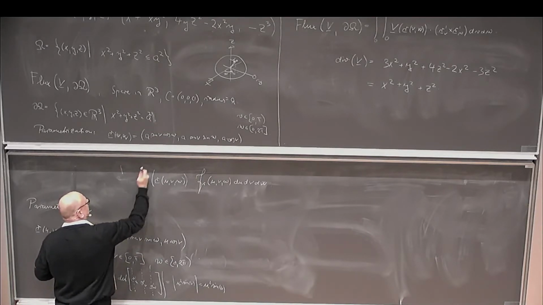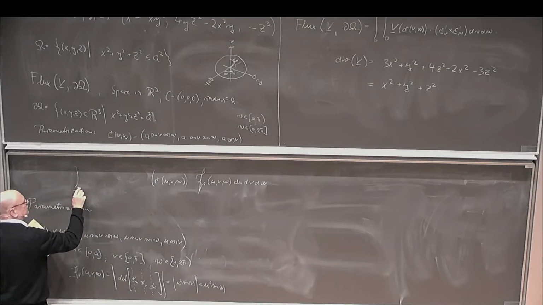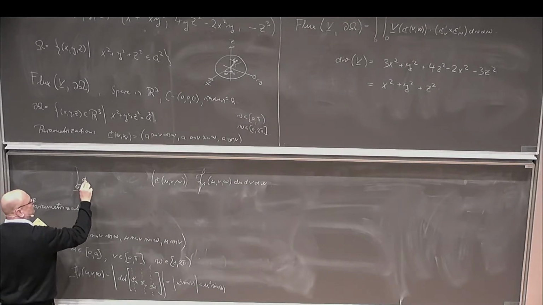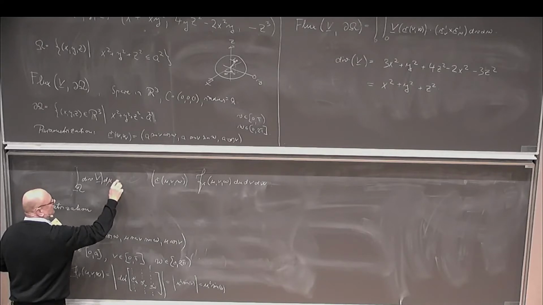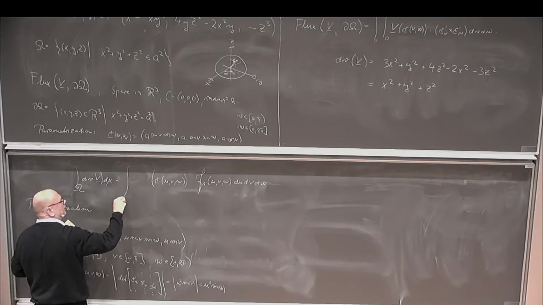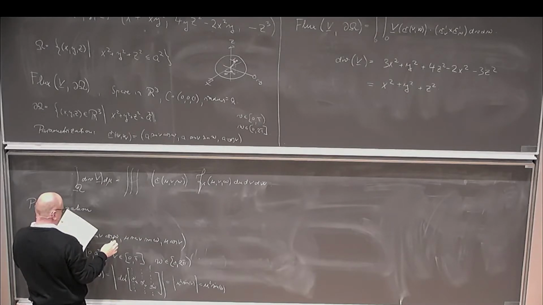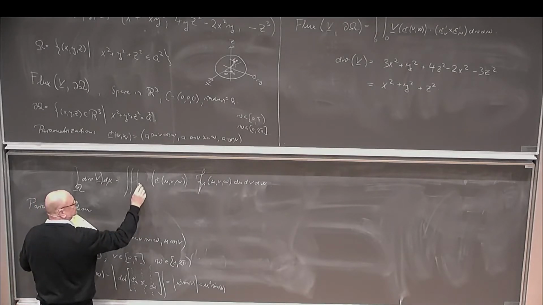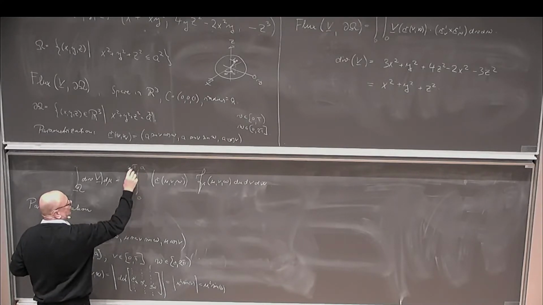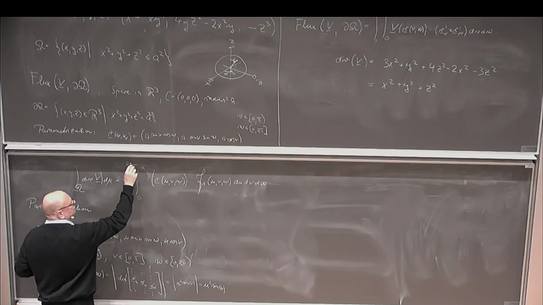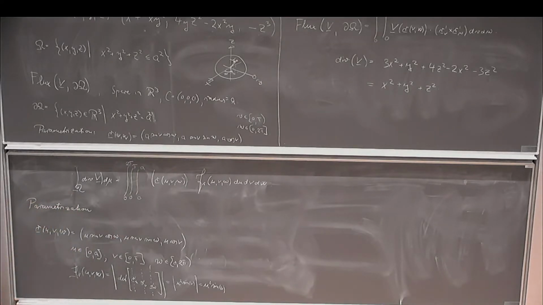This is my integral, and I now interpret this as a triple integral. So you integrate u from 0 to a, v from 0 to pi, and w from 0 to 2 pi. So this is how it looks.